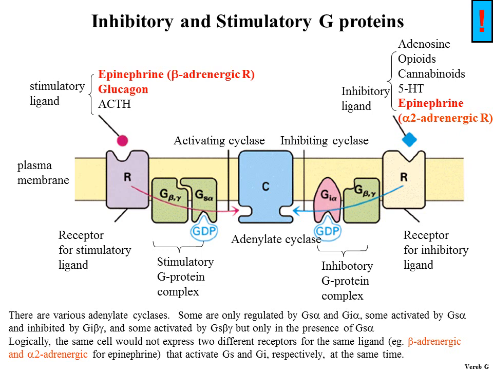Obviously, in the same cell, it wouldn't make any sense to express both of these receptors, so both beta and alpha adrenergic, in the liver, because then the liver cell wouldn't know what to do. Should it activate adenylyl cyclase or should it inhibit adenylyl cyclase?